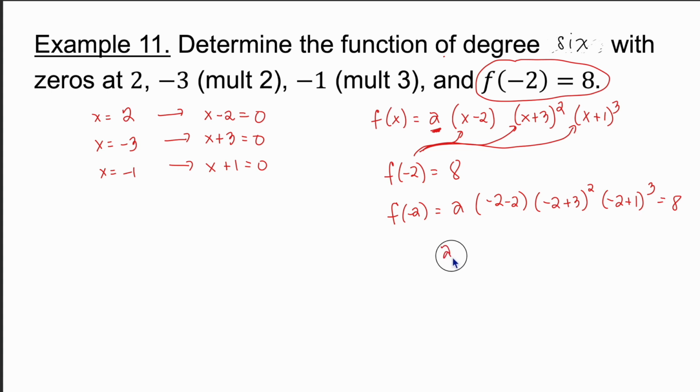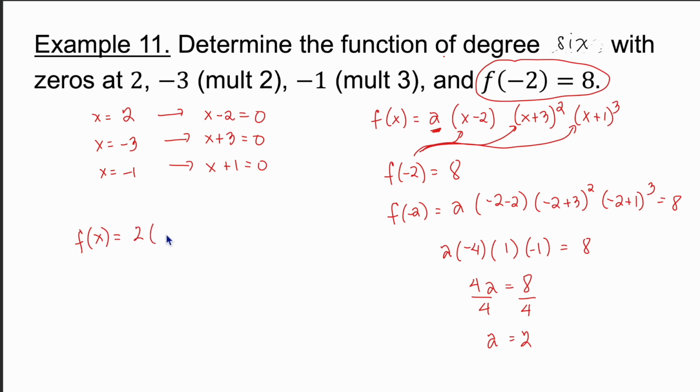So, we now have a times negative 4 times 1 times negative 1 equals 8. So, 4a equals 8, over 4 over 4. A now is equal to 2. So, what is now our function? F of x now equals, ang a natin is 2 times x minus 2 times x plus 3 squared times x plus 1 cubed.